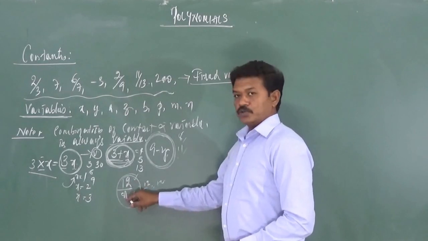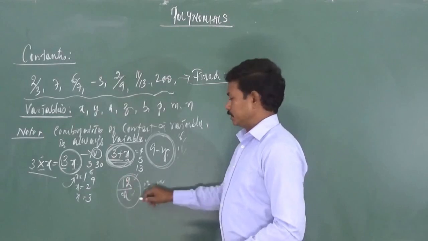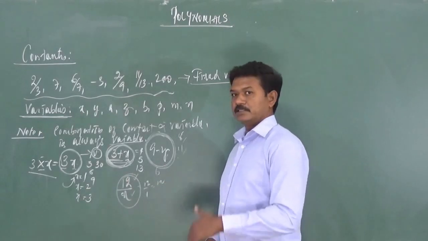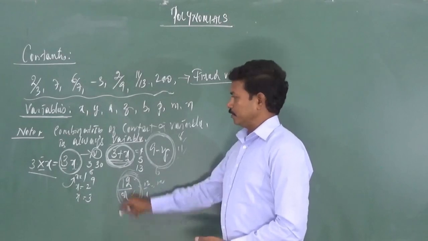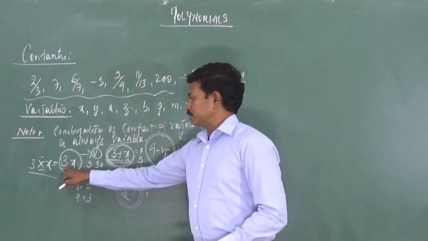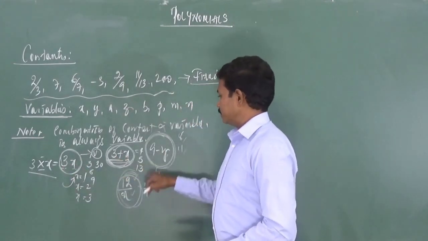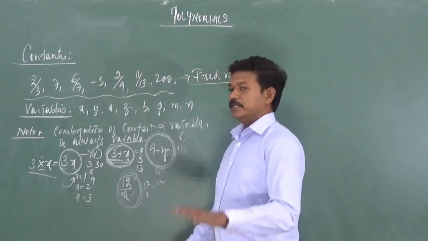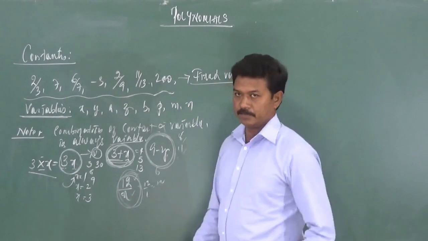When you give x is equal to 2, 2 sixes are 12, so the value of 12 by x is 6. So therefore, as the value of x changes, the value of 12 by x also goes on changing continuously. So therefore, a combination of a constant and a variable is always a variable. So you should remember this, it's very important.